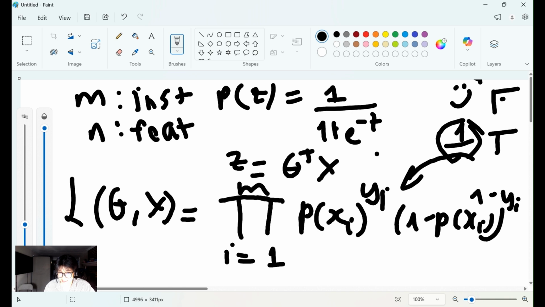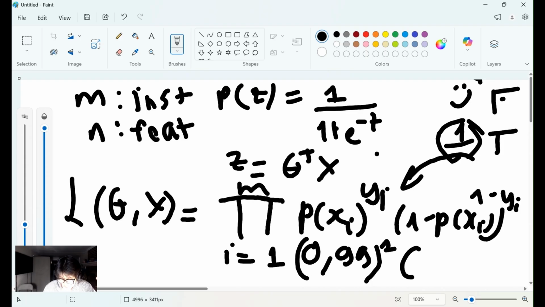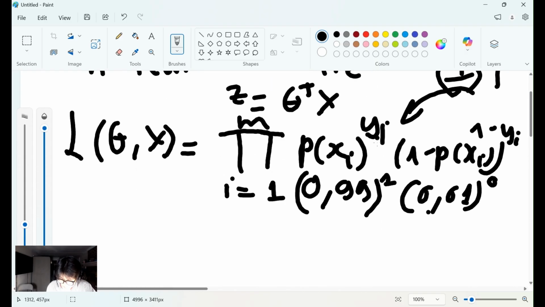Then the model is 99% confident about this, to the power of 1. And the complement is 0.01 to the power of 0, which is 1, so the result is 0.99. Which means it's extremely sure about this. How beautiful that is.